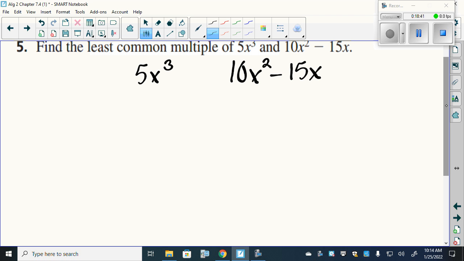How about the 10x squared minus 15x? So we can factor what out? And? X, because they both have an x. 5 factored out of 10 would be 2, and x factored out of x squared is x. So 5x times 2x minus 3. And the x should factor out completely.